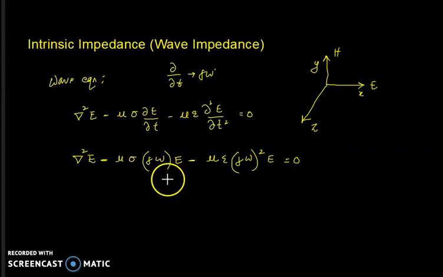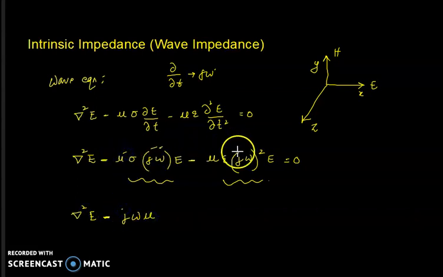From this function we can see that there are some common terms, so let's take them out and make it simpler. You know that there is a j omega mu here and a j omega mu here. So (j omega mu sigma plus j omega epsilon) E equals 0.